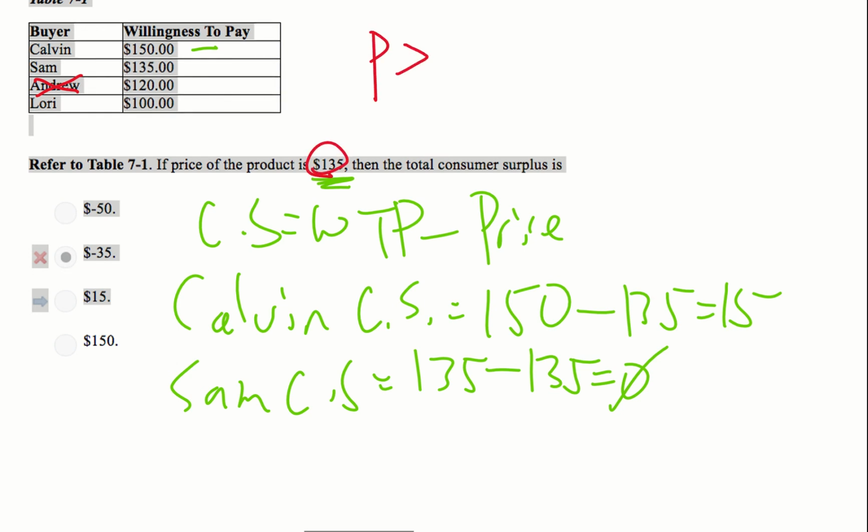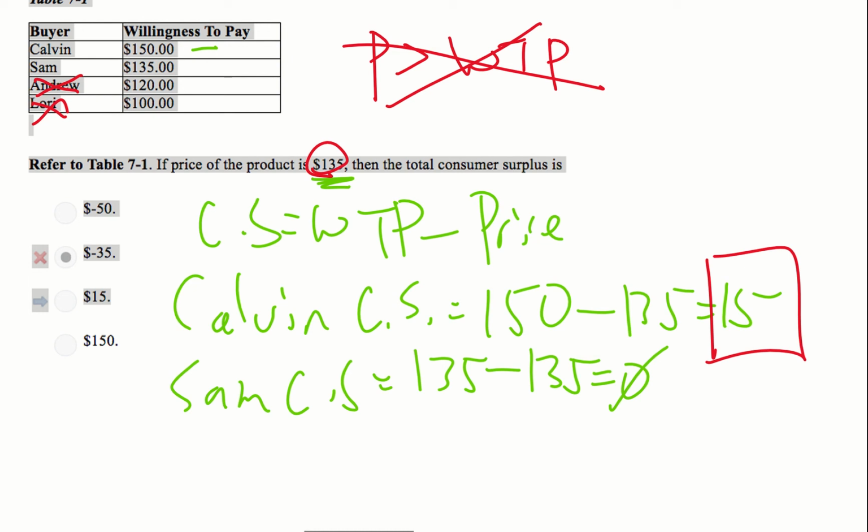So again, when the price is more than your WTP, we don't buy. Lori, just like Andrew, her WTP is 100, the price is 135. She wouldn't buy either. So only 2 consumers will buy this good. Kelvin gets $15 consumer surplus. Sam gets nothing. So add it together, your answer should be $15 consumer surplus.